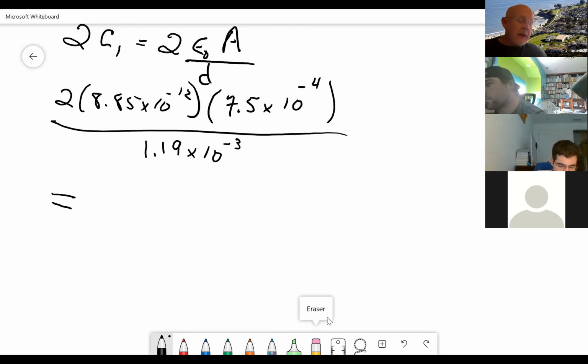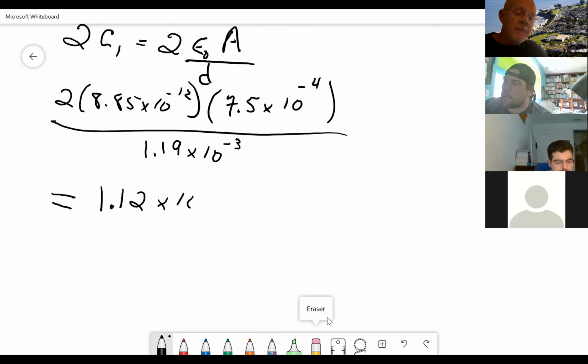And so the two of them together is 1.1. I'll round it to a 2, times 10 to the negative 11 farads. And I think that was part of A, but there might have been more to it.